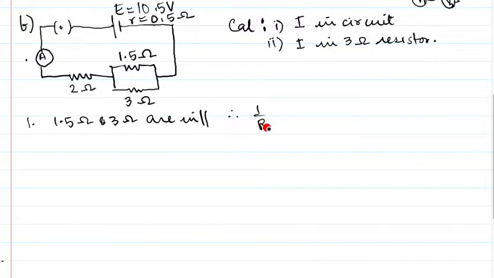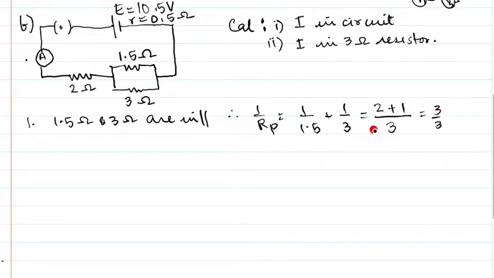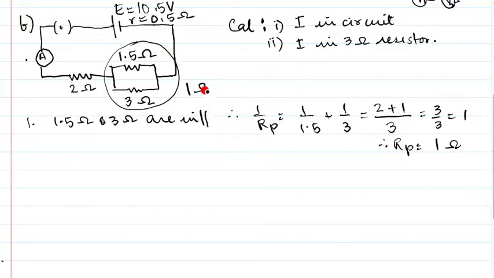Therefore, 1 upon Rp is equal to 1 upon 1.5 plus 1 upon 3, and we will have our LCM coming to 3, so you will have 2 plus 1 here, that is 3 upon 3, and therefore we will have Rp will be equal to 1 ohm. This will be 1 and Rp will be reciprocal of this one, that is 1 ohm. So the combination of this is going to be your 1 ohm.